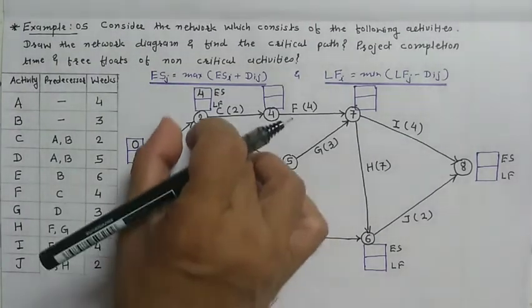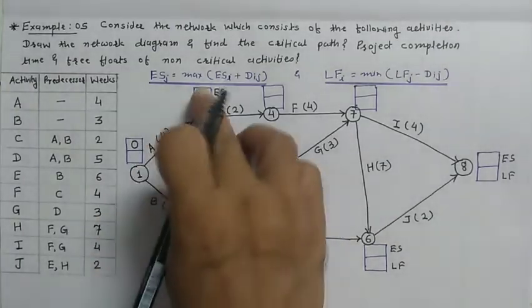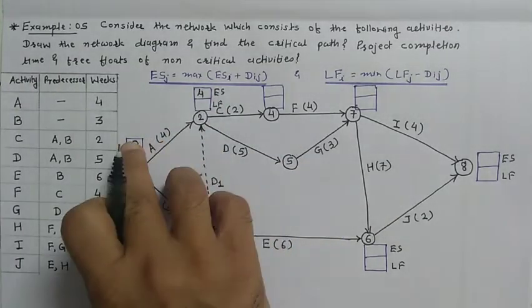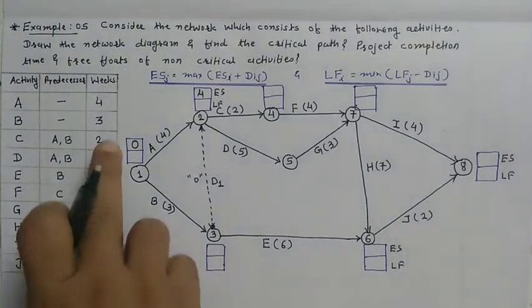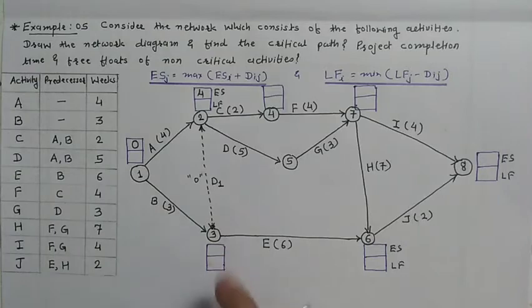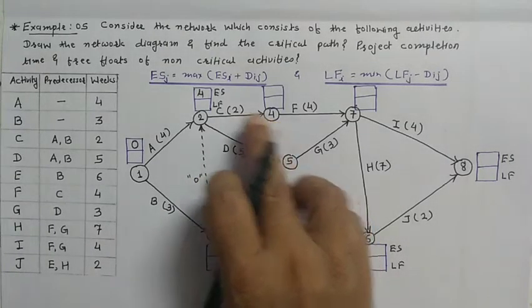So here the maximum of 0 and 0 plus 4 for event number 3. 0 plus 3 is equal to 3 for event number 4.